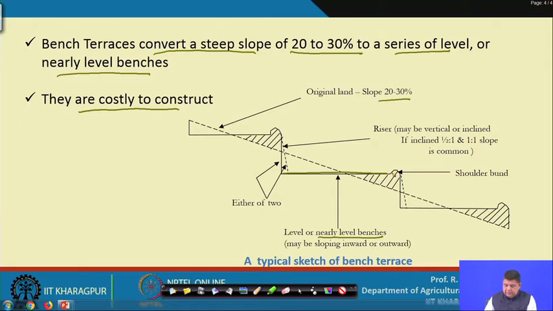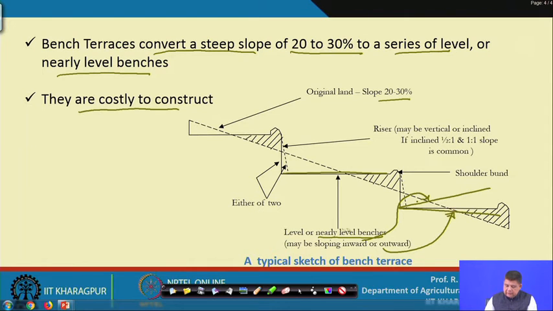These could be either level or they could be sloping outward, that is if slope is in this direction, then we call it sloping outward, and if slope is in this direction, then we call it sloping inward. So, slope is inside or slope is towards outside, that defines.